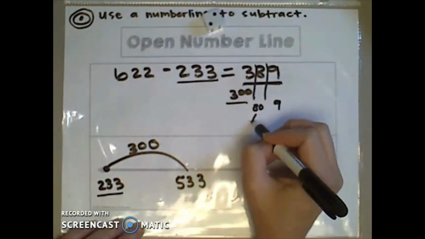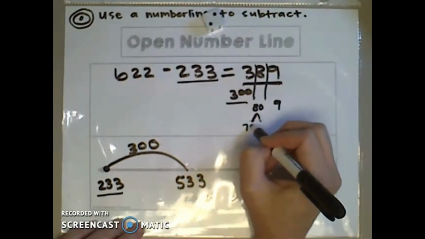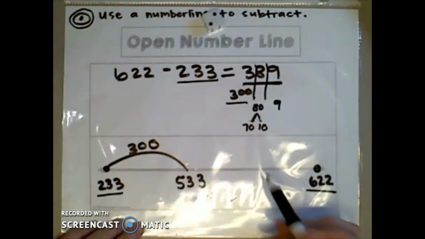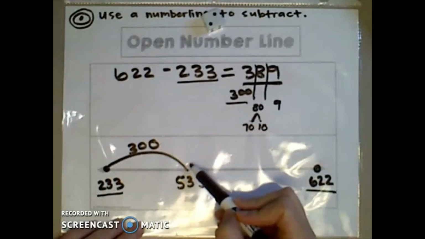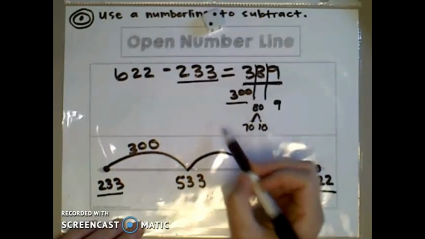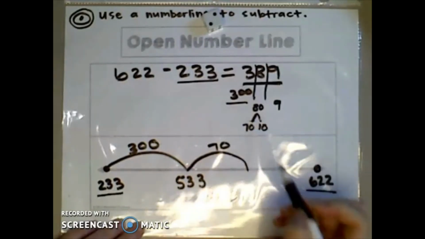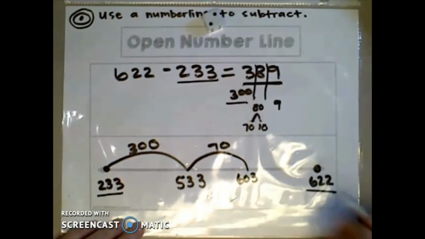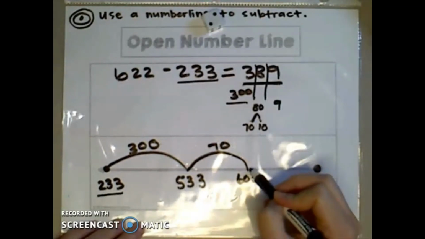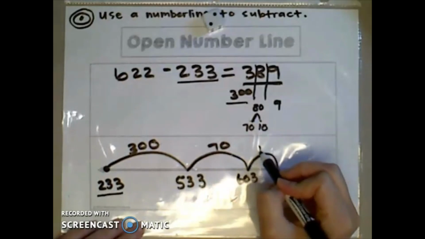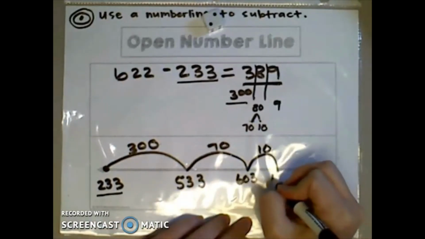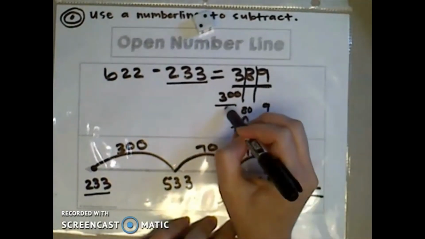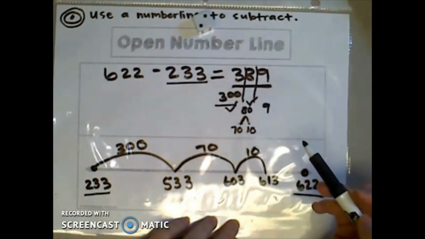I'm going to do 70 and 10. If I hop up 70, I am going to have 603. If I hop up 10 more, I have 613. And remember, we check off as we go, so we make sure that we get everything.